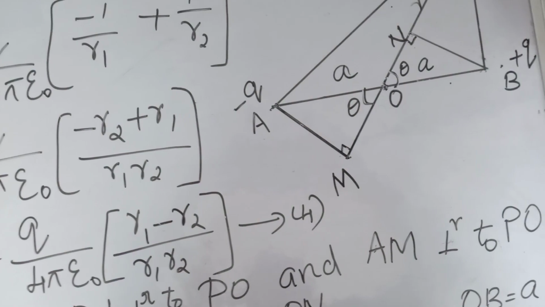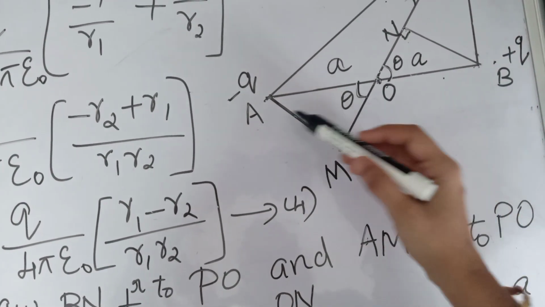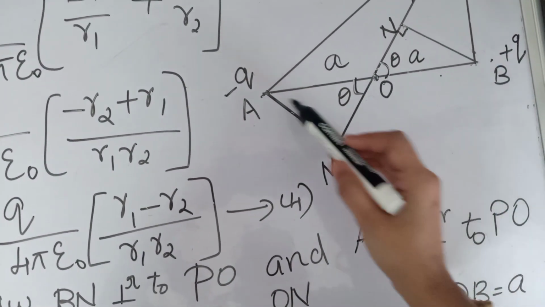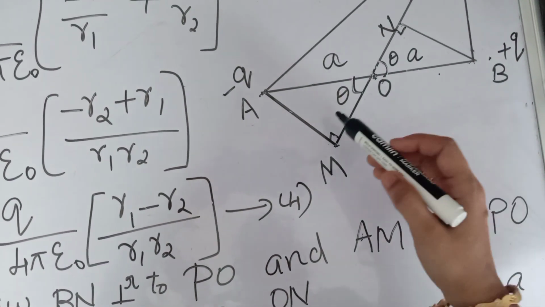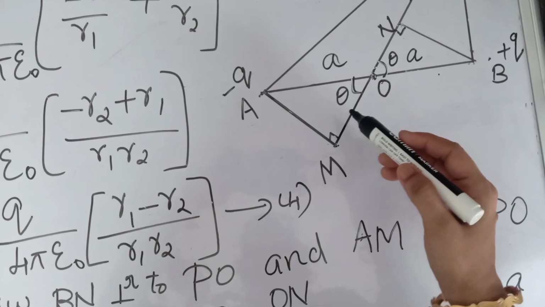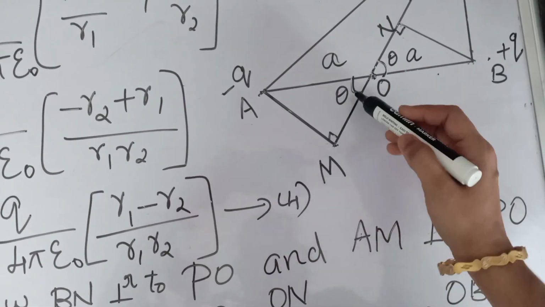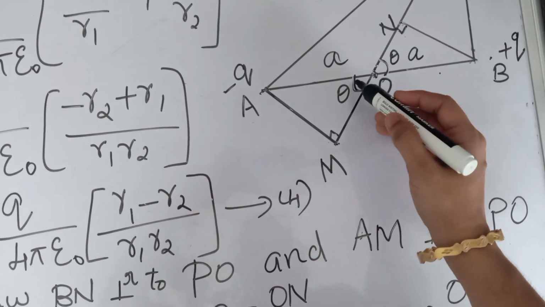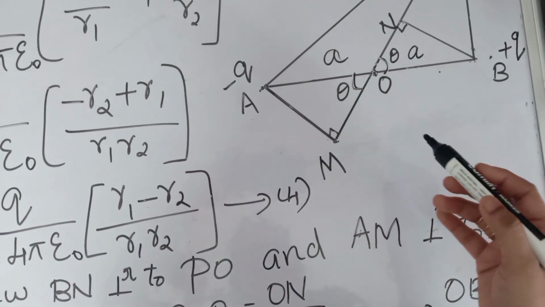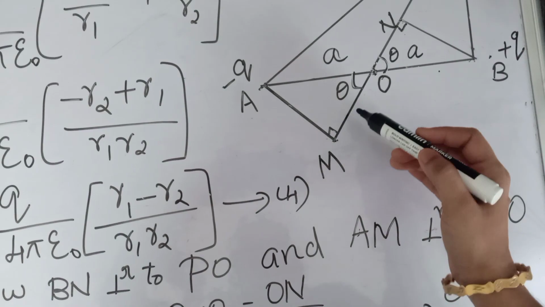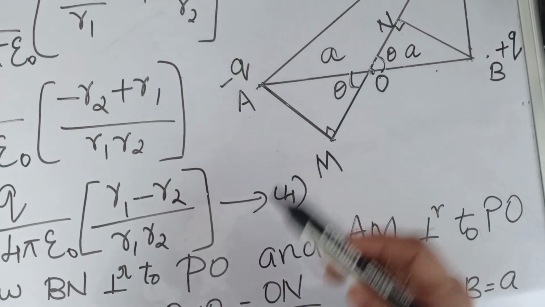Again consider the triangle AOM. AOM. Then what will be the equation? Cos theta. Here which one we want to find? This OM we have to find, right? So how we can find OM? Taking cos theta. Then what will be the equation? Cos theta is equal to OM divided by this OA, right?